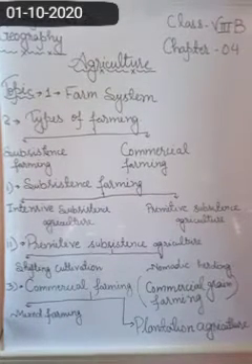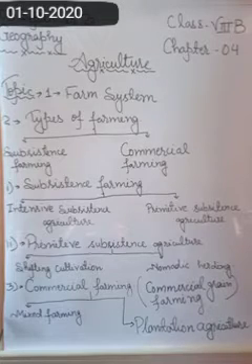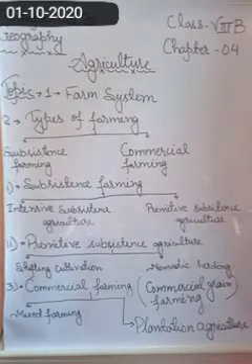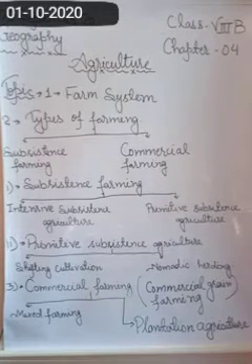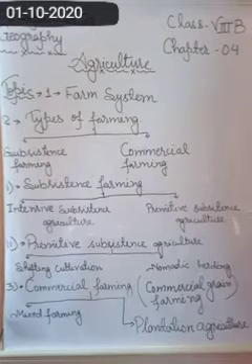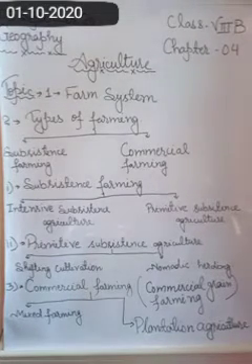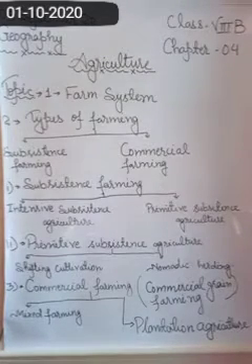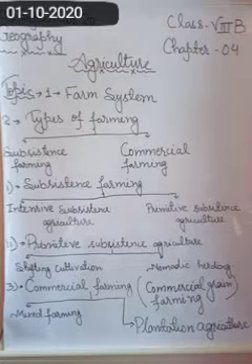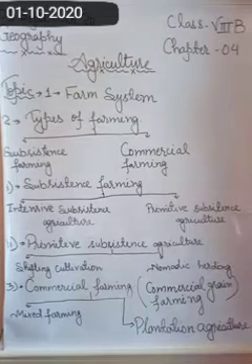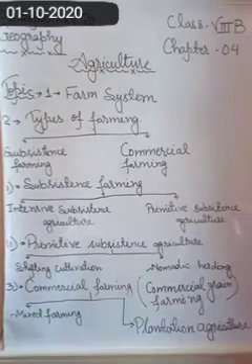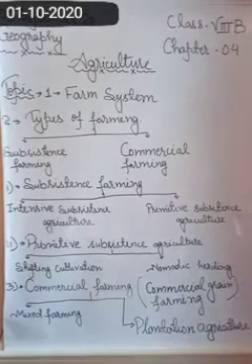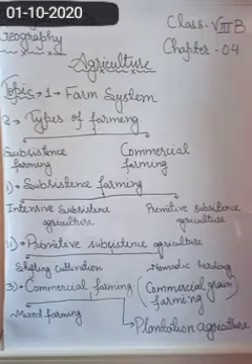First of all, you will do plowing in your field, and after that you will do sowing, and after that you will irrigate your field to grow a healthy crop, and after that you will do weeding of the extra things grown in the field, and after that you will harvest your crop. So these are all involved as a system one by one: first is plowing, second is sowing, third is irrigation, fourth is weeding, and lastly harvesting.